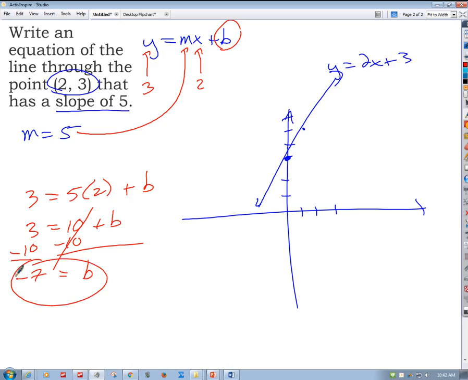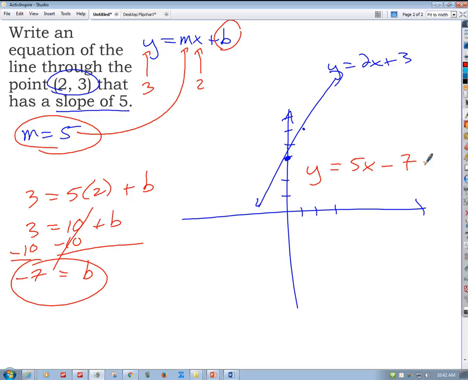Now I know both the values of b and m, and so I could write the equation of the line in slope-intercept form. So what is the equation of the line then? y equals what? What's m? 5x minus 7, right? So I found the values of m and b, which identifies that line, okay?